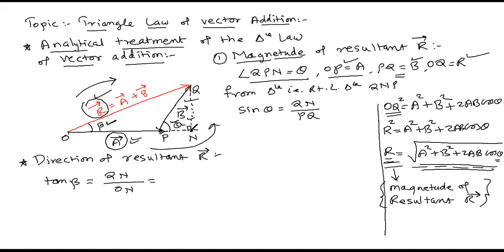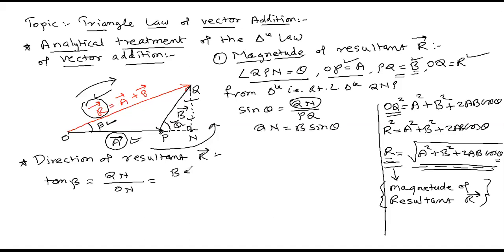What is QN here? Just now we have calculated that QN is equal to PQ sin theta. What is PQ here? B. So I can write here QN is equal to B sin theta.